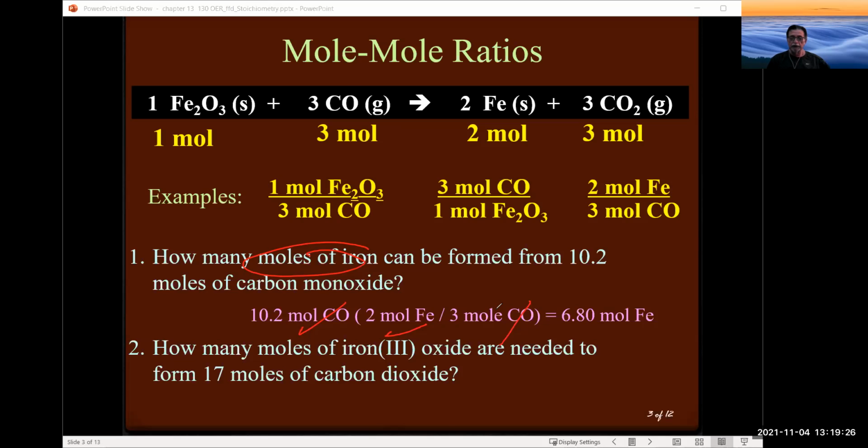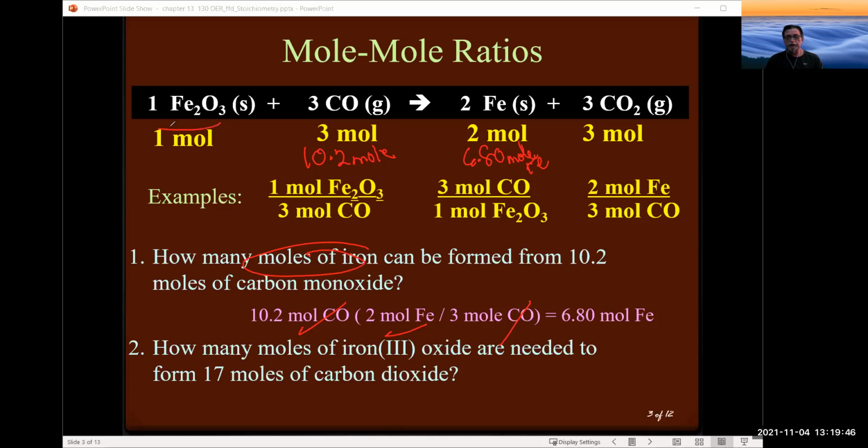Okay. And so if I start off with 10.2 moles of carbon monoxide, I will create 6.80 moles of iron.